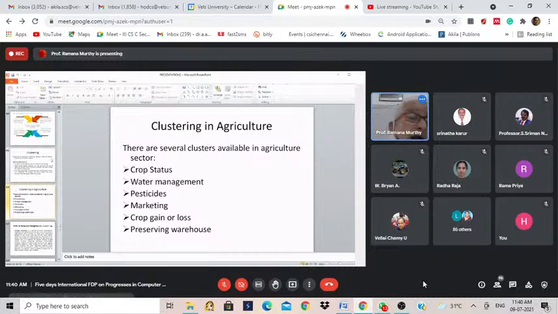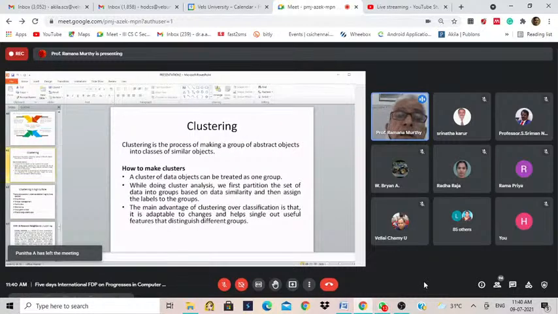As I told you, clustering is the process of making a group of abstract objects into classes of similar objects. A cluster of data objects has to be created as a group, and then every group has to be labeled. You have to assign a label to it, and then, when using clustering over classification, you need to classify using the label.